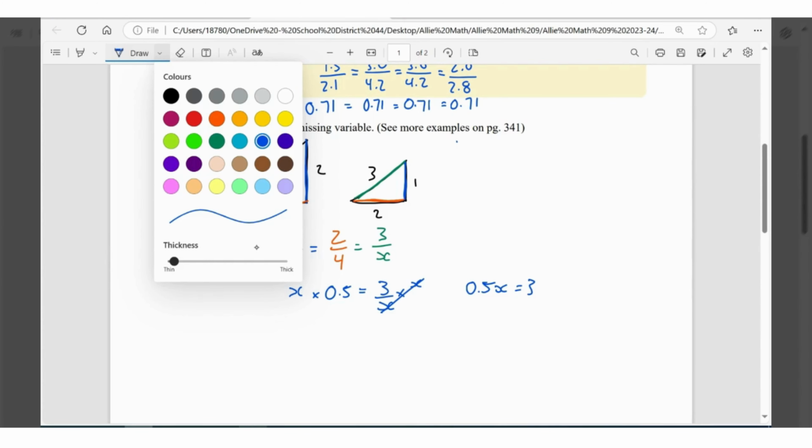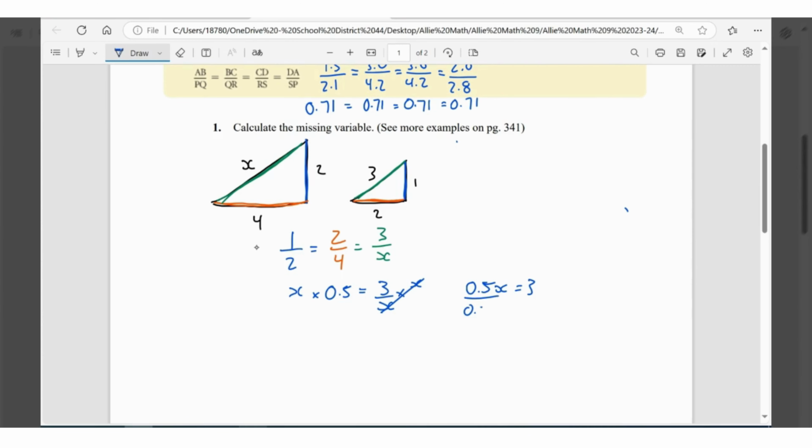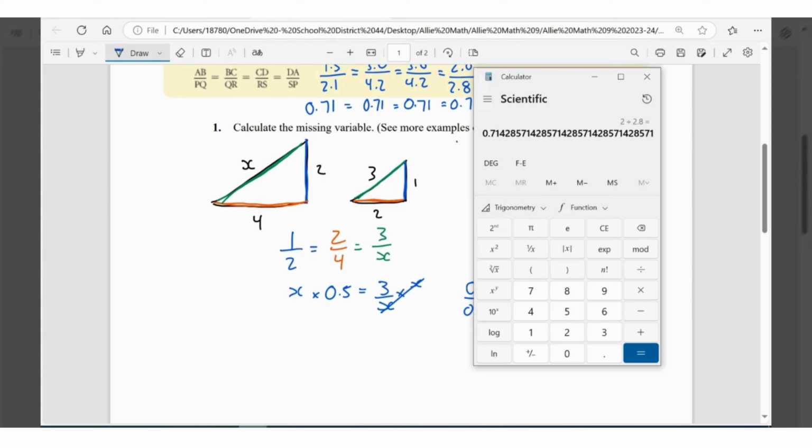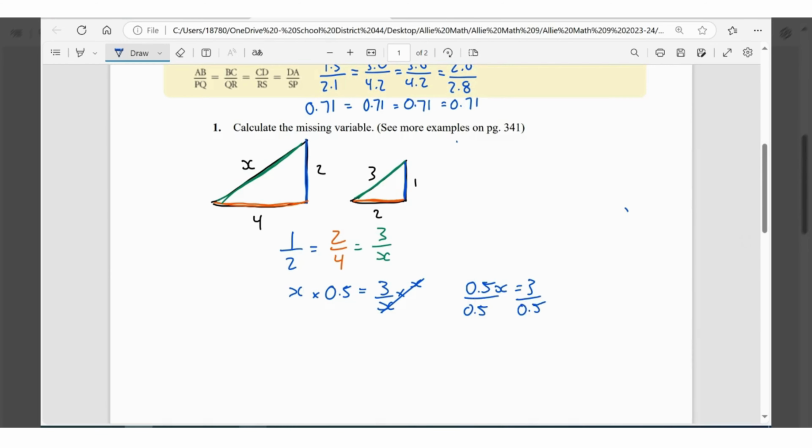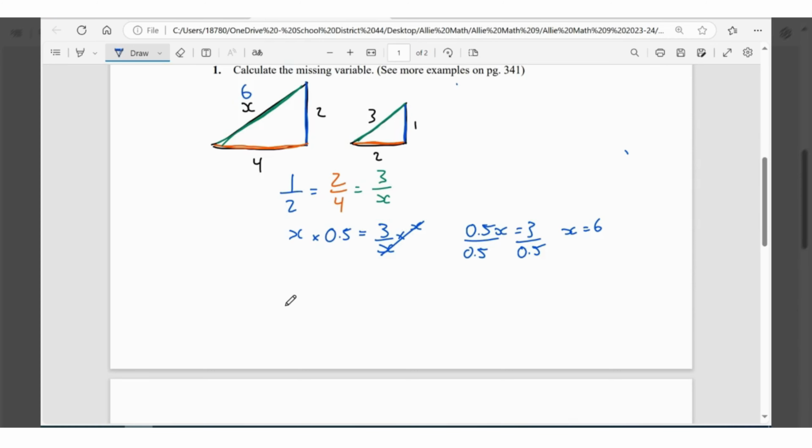And then we can divide by 0.5 on each side to get the x by itself. And our answer should be 3 divided by 0.5 equals 6. Imagine that x equals 6. You can see that this side length is going to be 6. Okay, there you go. You can kind of see how you're getting to the next step here. But that's how you'd solve that one.